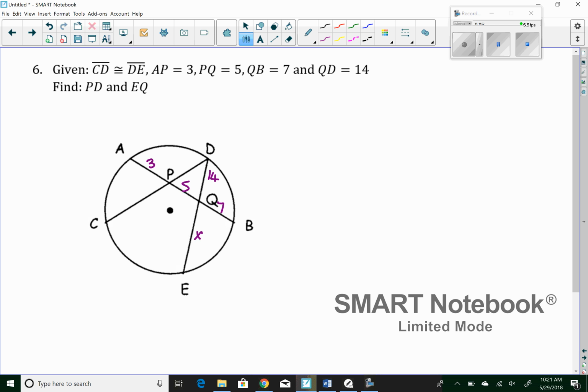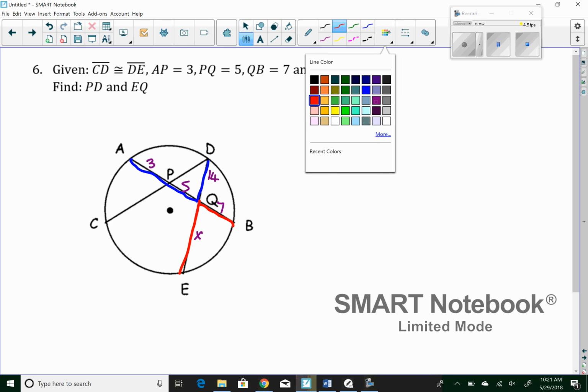If I find EQ, I'm comparing some segments. There's a lot going on in this picture, but I'm comparing this segment to this segment the same way that I would compare this segment to this segment. Those are my intersecting chords.